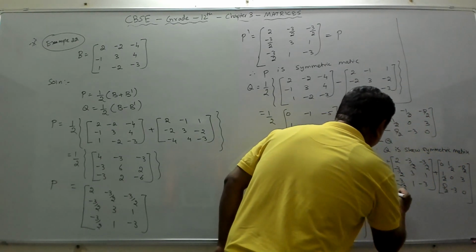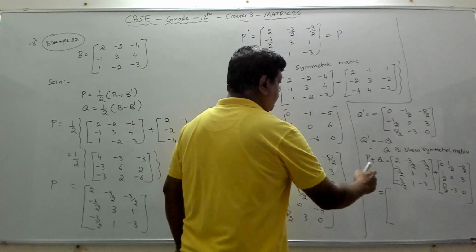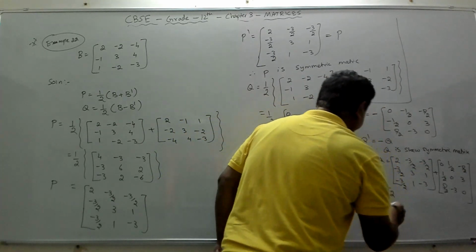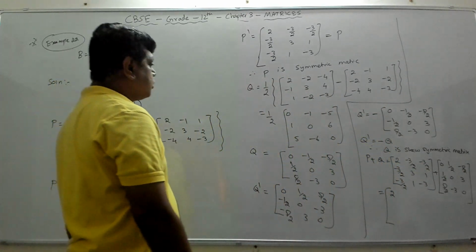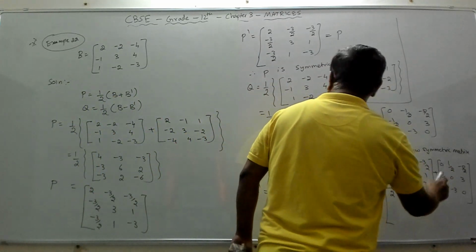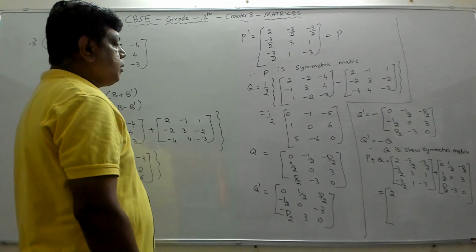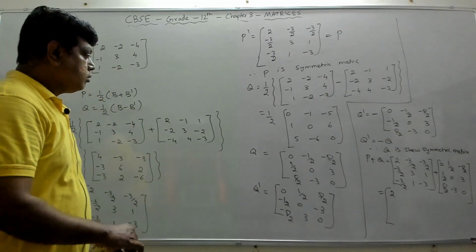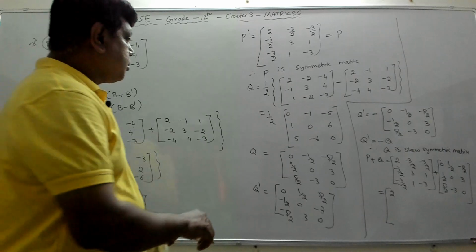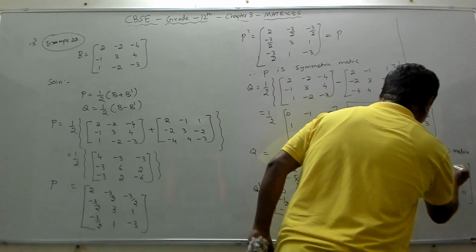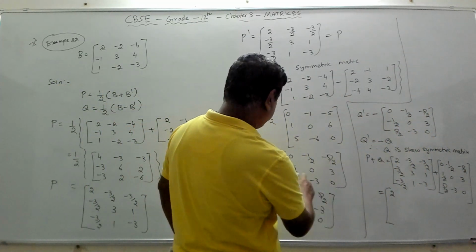Now if you add both, 2 plus 0 is 2. Then minus 3 by 2 plus 1 by 2, this is minus 1 by 2. Minus 1 by 2, minus 5 by 2.